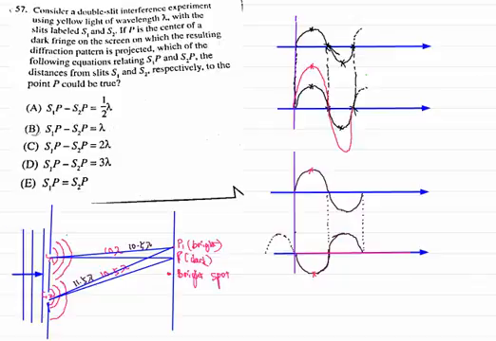So the bottom line is that the distance, when you take the longer one minus the smaller one, it has to be a whole number of lambda. That means it can be 1 lambda, 2 lambda, 3 lambda, for it to have a bright spot. But if you have a half lambda, then it's totally destructive, that means there's no light at all.